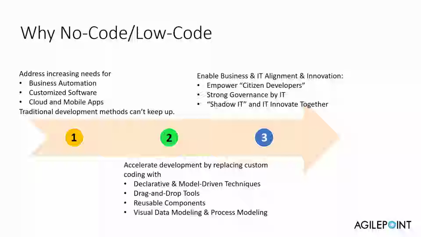Of course, that needs to be done within the guardrails and the standards that have been put forth by the organization, effectively bringing this concept of shadow IT into the light and enabling business and IT to innovate side by side. With all of this driving towards the singular goal of accelerating the transformation to becoming a digital business, to developing and maintaining a competitive edge that differentiates your organization with the rest of the market.